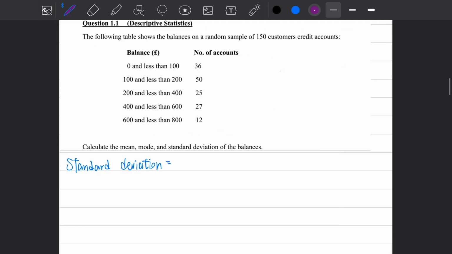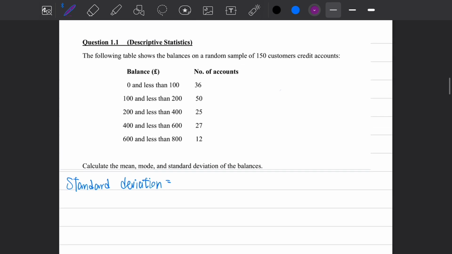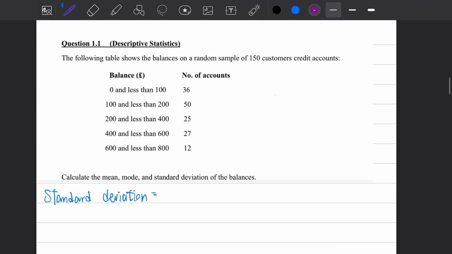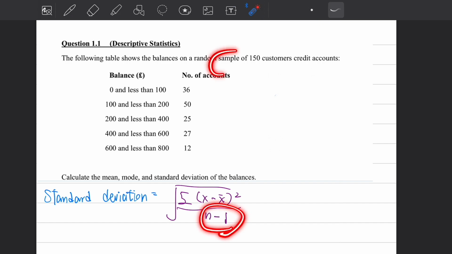Okay, next question, standard deviation. The equation should use n minus 1, because it is a sample question, so we need to minus 1.